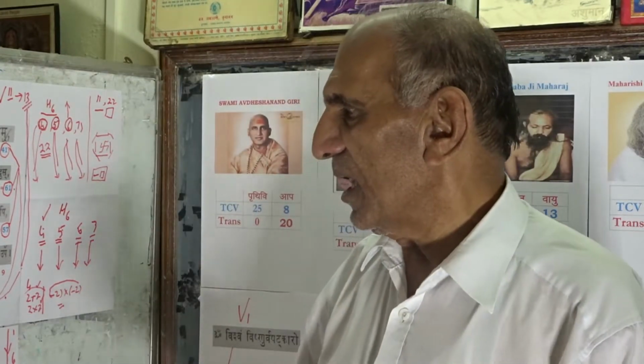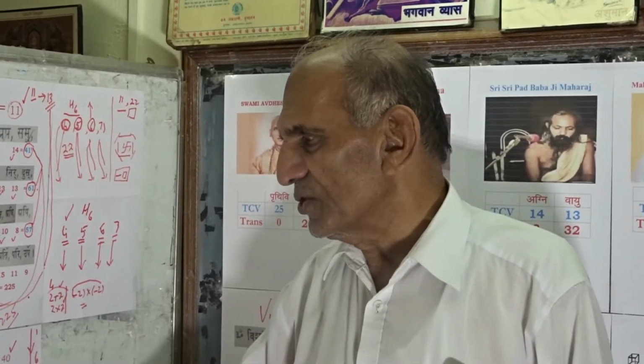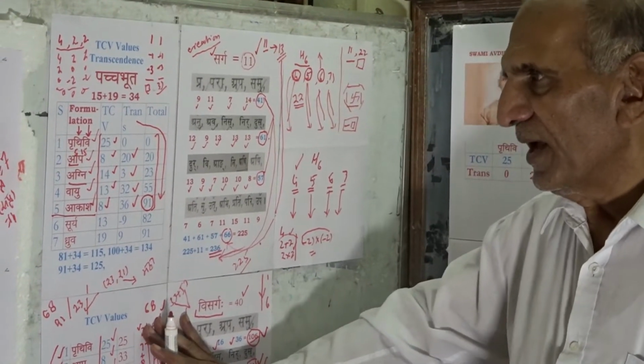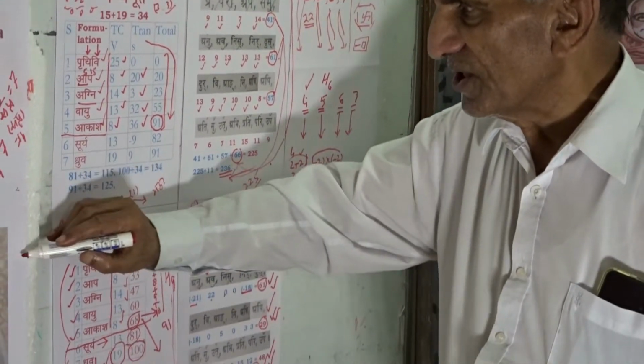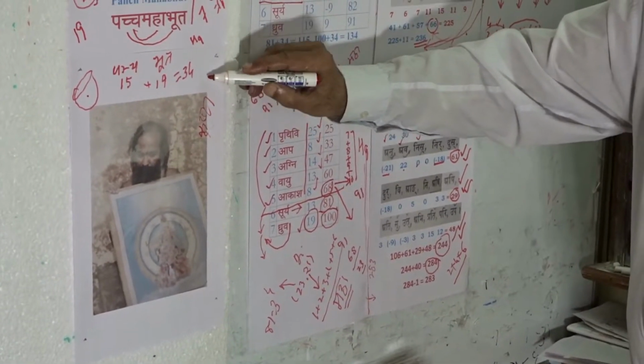The total lifespan of Lord Krishna is going to be of 125, and formulation Krishna we know is of TC value 19.